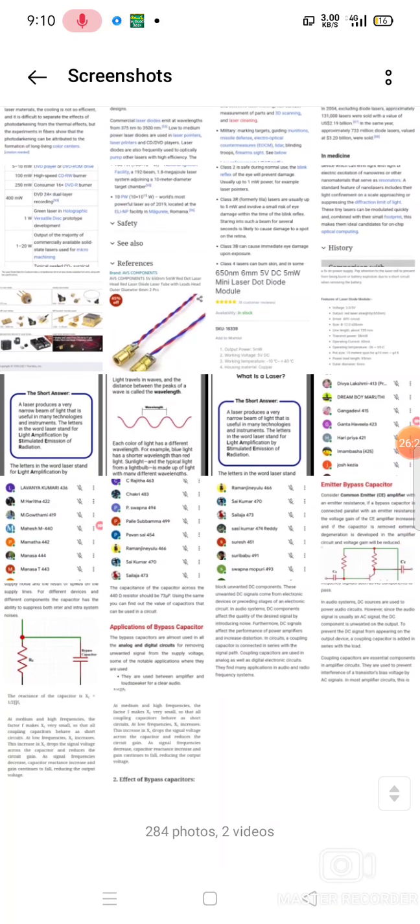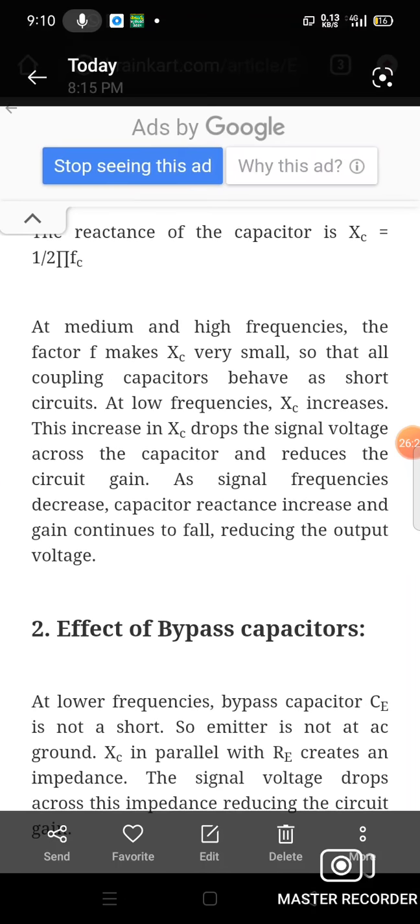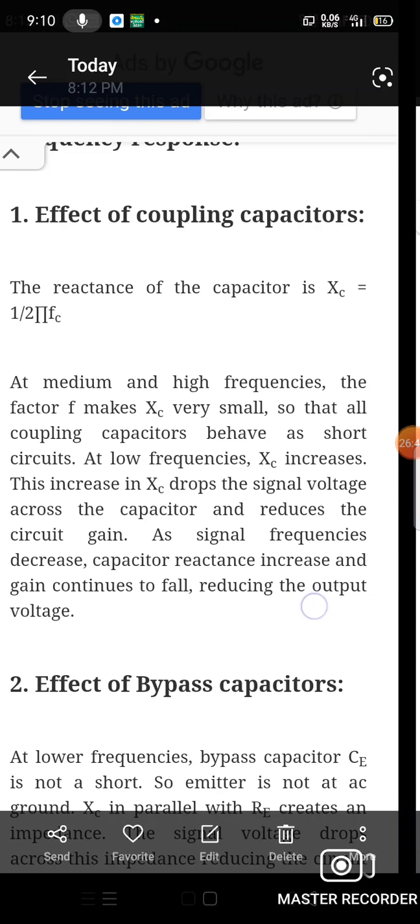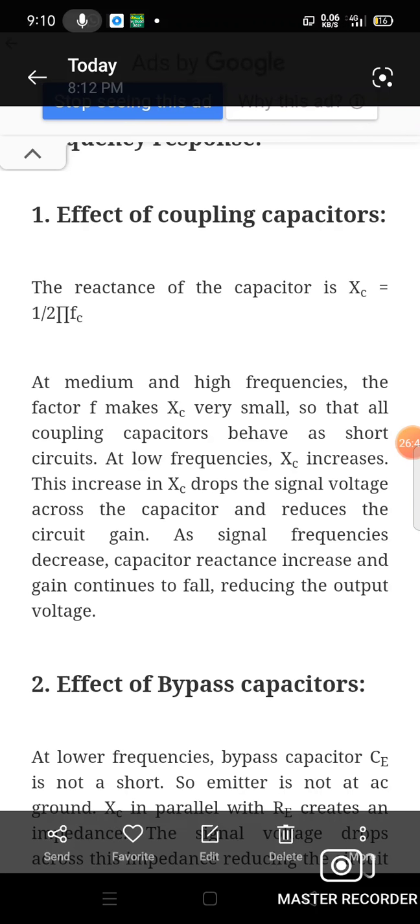And next we want to go to what are the effects of the coupling capacitor and bypass capacitor in the amplifier circuit, right? In between the input signal and output response, what is the capacitor's effect? First take the effects of the coupling capacitor.